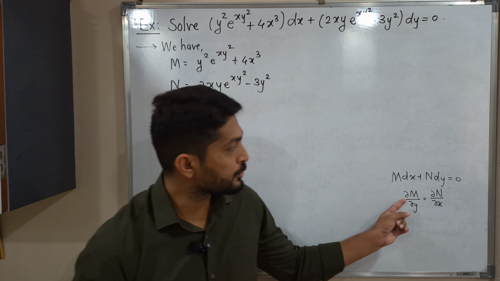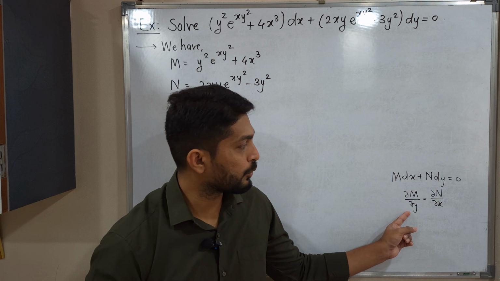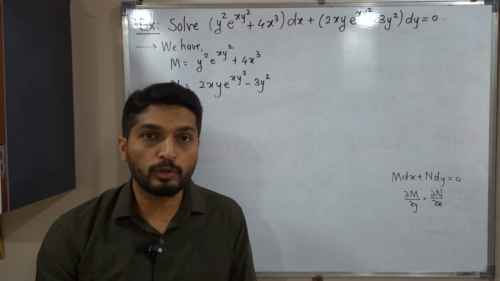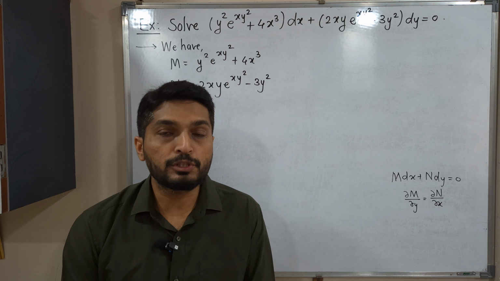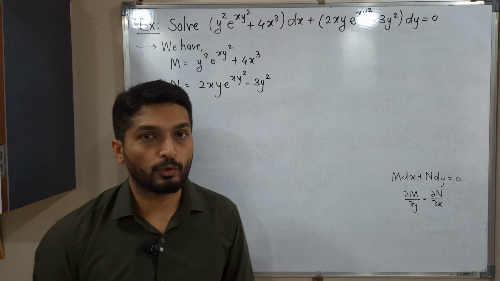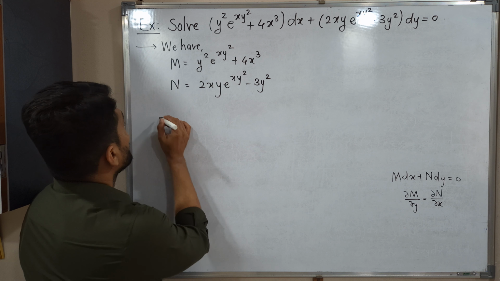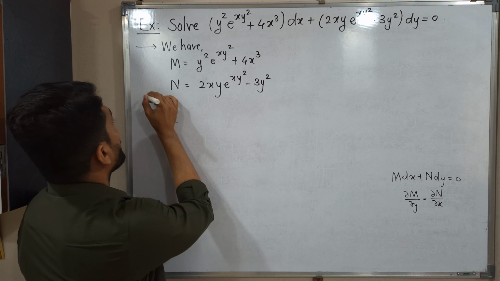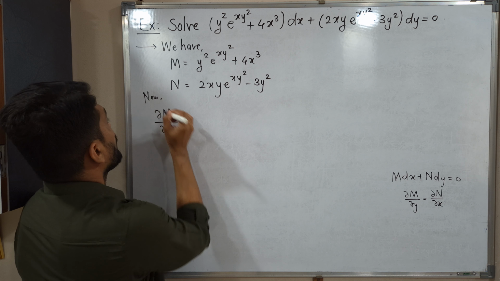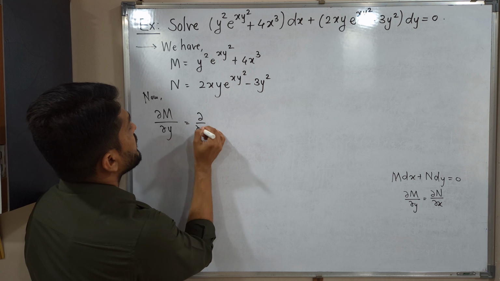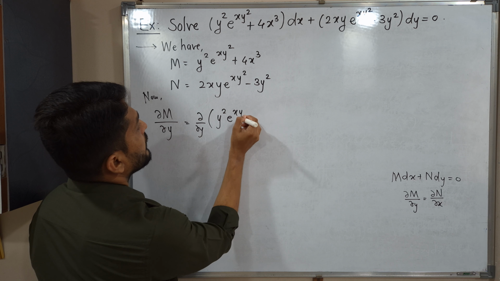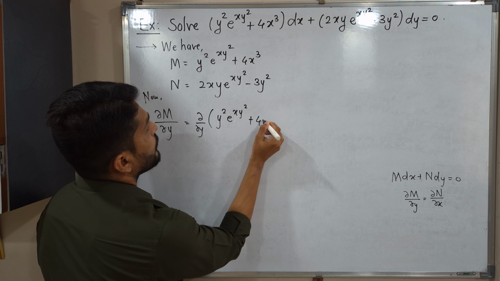After that, we have to check that the partial derivative of M with respect to y is the same as the partial derivative of N with respect to x. So let us find both partial derivatives and check whether they are equal. Let us find the derivative of M with respect to y. My M is y square e raised to xy square plus 4x cube.